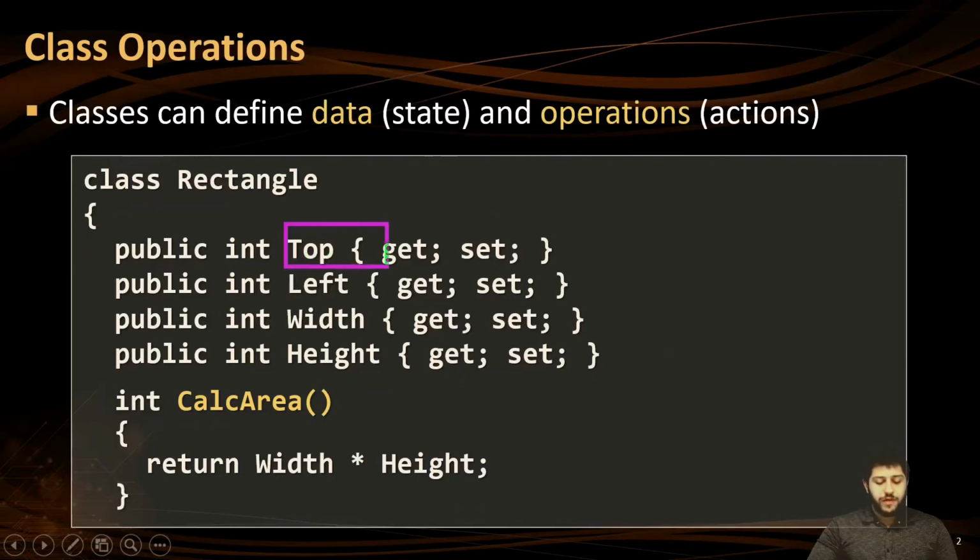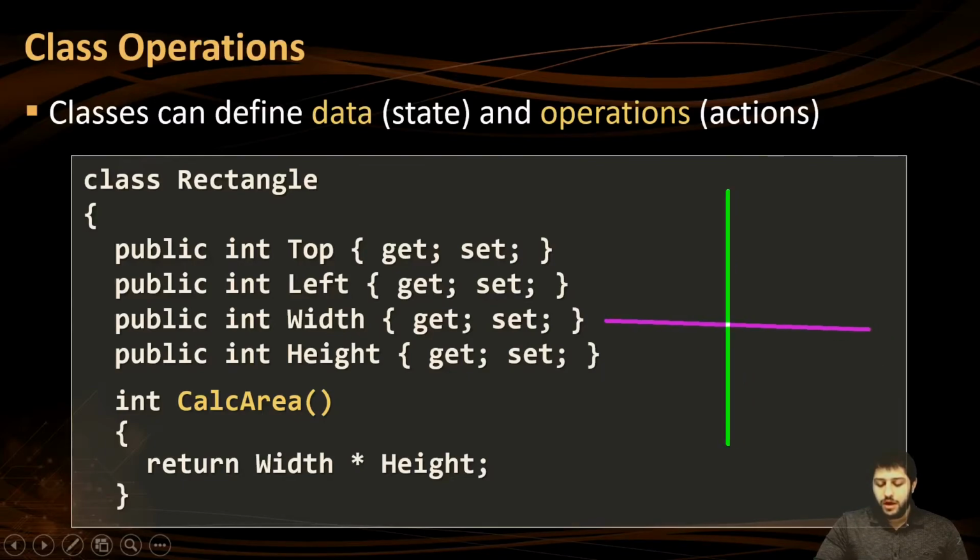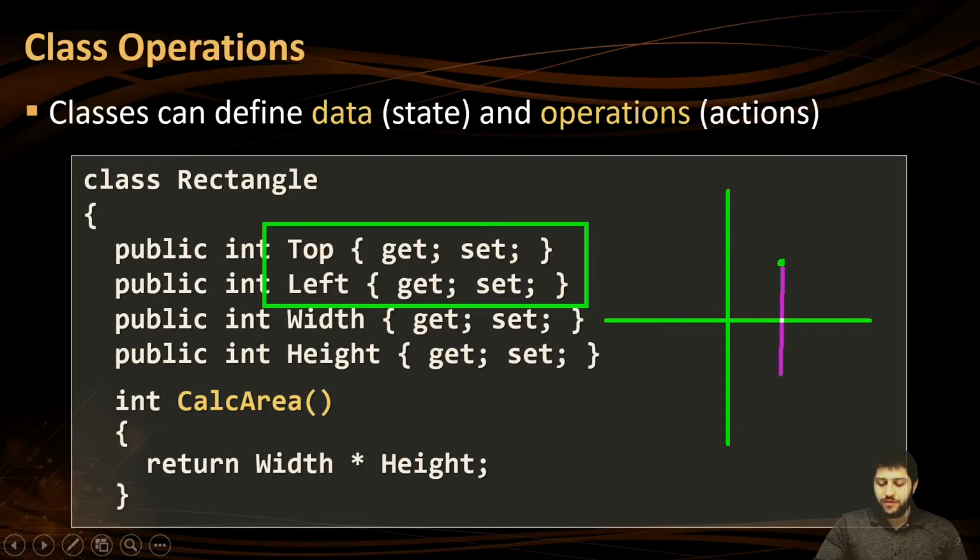Now we have a top corner, a left corner, a width and height. Or this is the top left corner, the width, and the height of the rectangle. So basically, if we have a Cartesian coordinate system here, we can have a point, which is the top left point, and we have a height and some particular width.